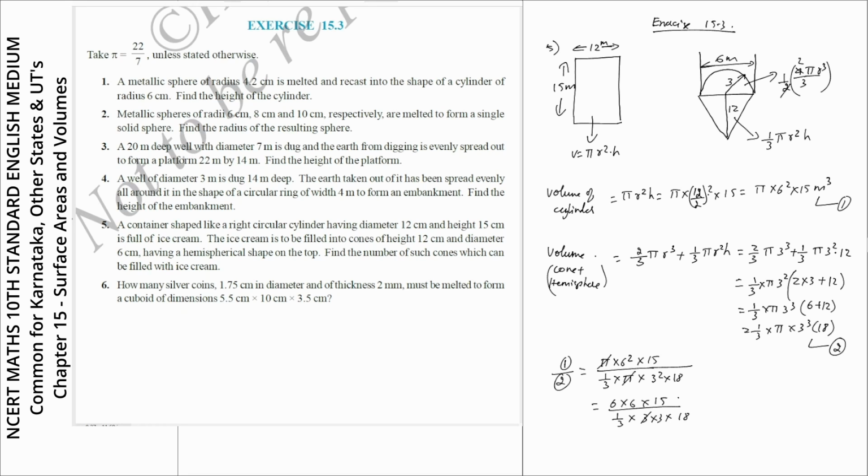Now 3 1s are 3, 3 2s are 6, and 3 6s are 18. So I am left with 2 into 2 into 15 by 6. Now 2 1s are 2, 2 3s are 6. 2 into 15 is 30, and 30 divided by 3, I will get 10. So I need 10 cones to fill all the ice cream of this cylinder into the cones.